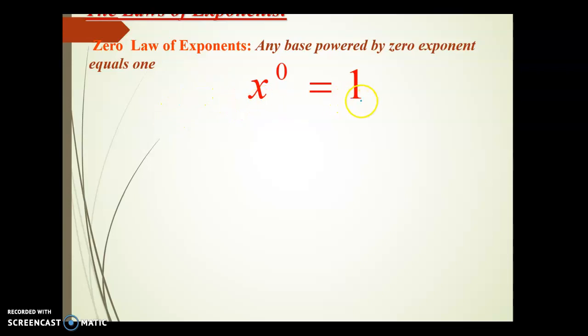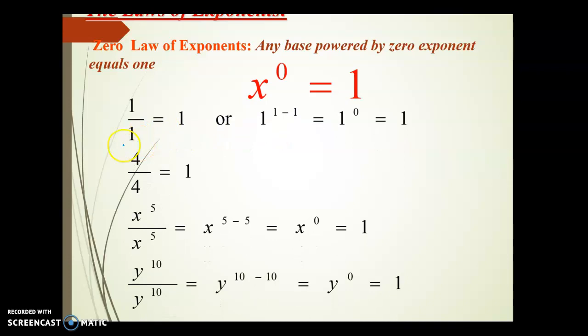X to the power of 0 is equal to 1. Sir, why is it 1? Okay, let's take note of this example. Diba, nag-grade elementary tayo. And if the numerator and the denominator are the same, it's equal to 1, right? But if you take this rule as a solution, 1 raised to 1 minus 1. Where did you get this 1 minus 1, sir?